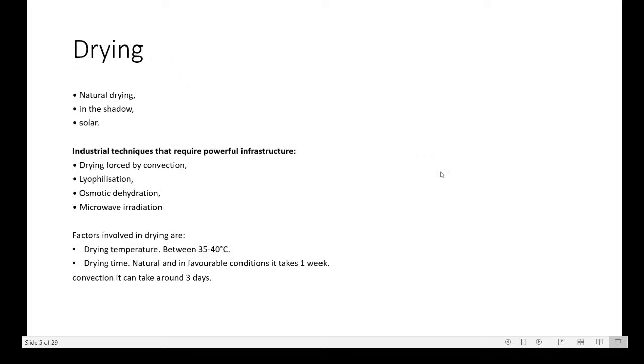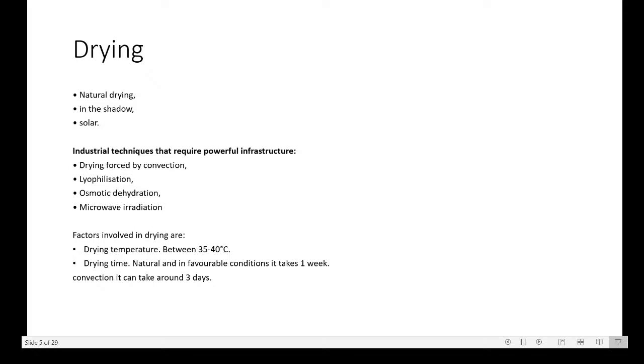Okay, next thing is the drying process. This drying is very important. Apart from normal drying, there is natural drying.